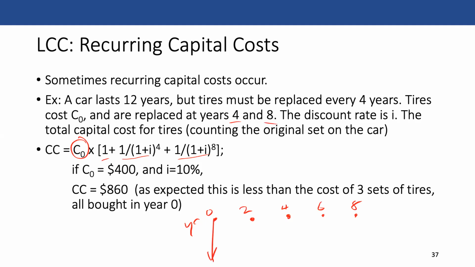So if you have your CC here and your CNs here, you may have this extra thing, C0. So this is CC, CN. Then at years 4 and 8, maybe I'll have another extra arrow, which would be C0, something like this. Okay, and then you could just add those up for the total.